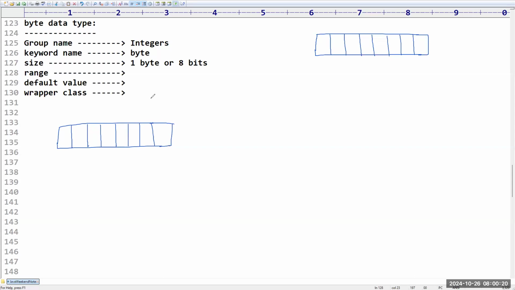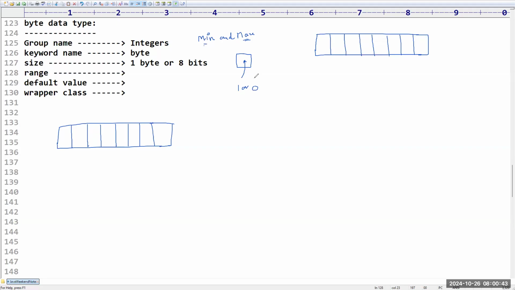Sir, we need to find out range means what? We have minimum value and at the same time maximum value. These two we have to take. Sir, bit means what? In this box, you can store only one value, either 1 or 0, because we are talking about binary, right?